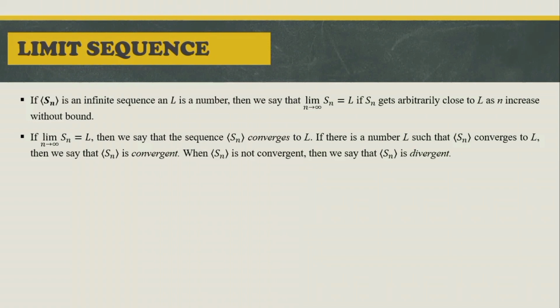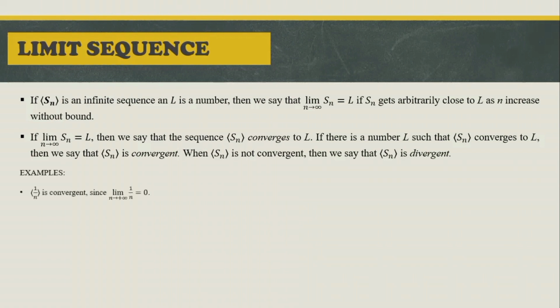If the limit of S sub n as n approaches infinity is L, then we say that the sequence converges to L. If there is a number L such that S sub n converges to L, then we say that the infinite sequence is convergent. When an infinite sequence is not convergent, then we say that the infinite sequence is divergent.